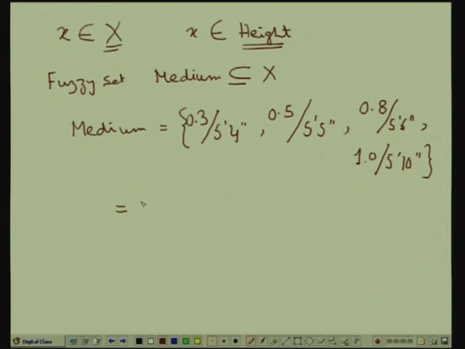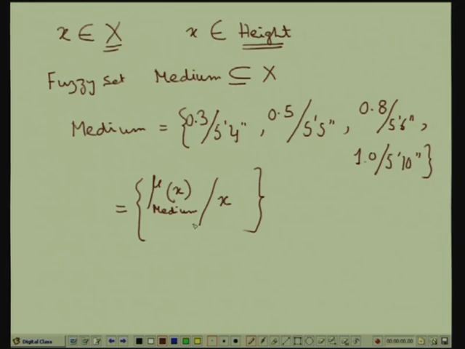So, what we have actually done is, along with every element x, I have put in a membership function mu of this particular element x in the fuzzy set medium, followed by that particular value of x.